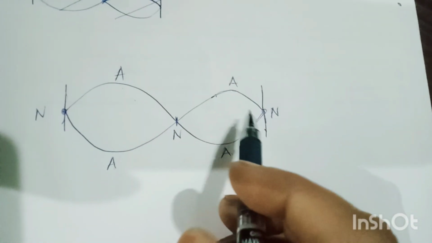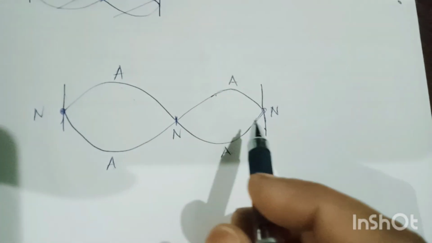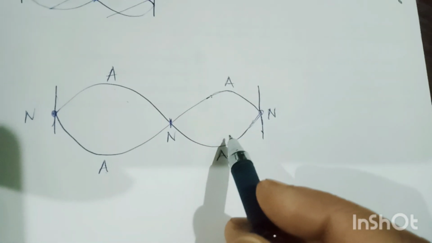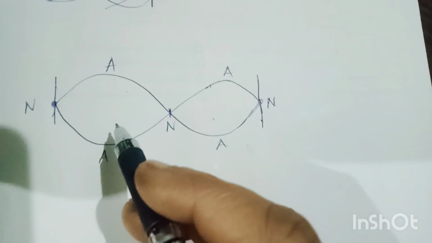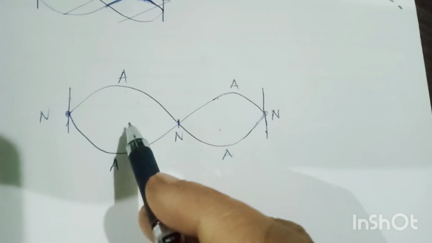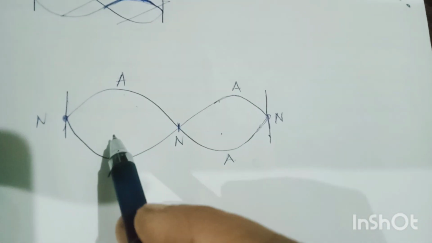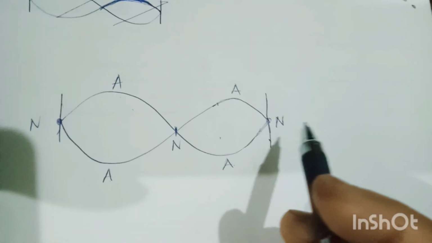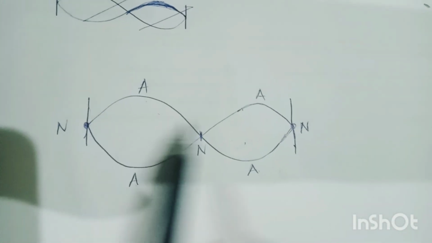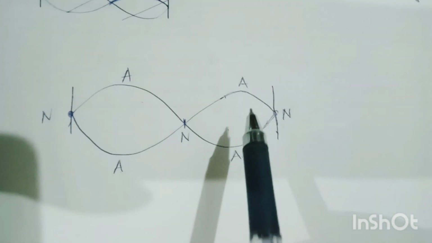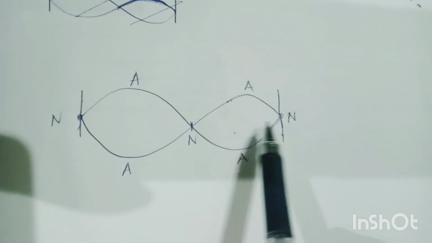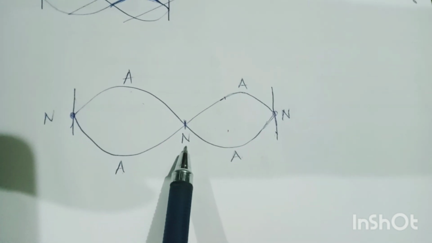The number of nodes and antinodes depends upon the value of small n we are using here. The higher the value of n, the more oval-shaped loops we can find between the two boundaries. This one is called the second harmonic, and if there is only one loop, then we say it is the fundamental or first harmonic.